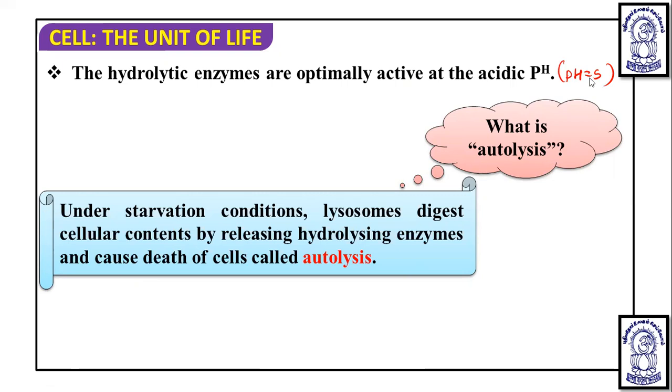Under starvation condition, lysosome digests cellular content by releasing hydrolyzing enzymes. Means if the cell is not getting nutrition, what will it use? It will use all the content of the cell, and that content is digested by the lysosome. Under starvation condition, lysosome digests the cellular content by releasing hydrolytic enzymes and causes the death of the cell. That is known as autolysis.